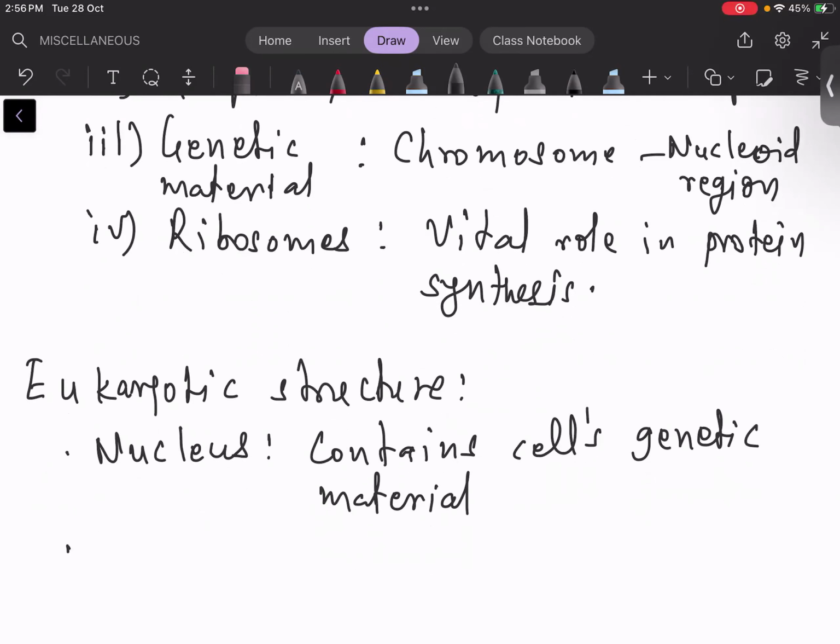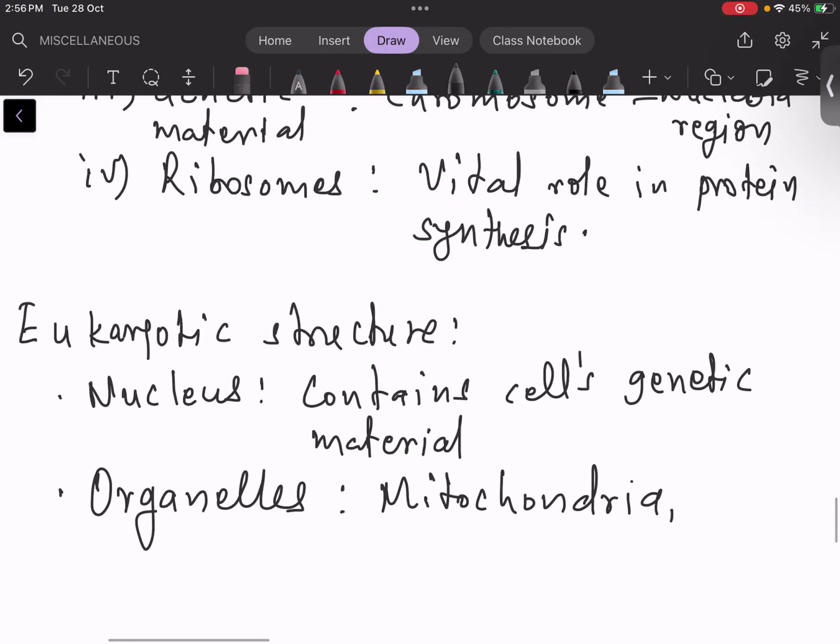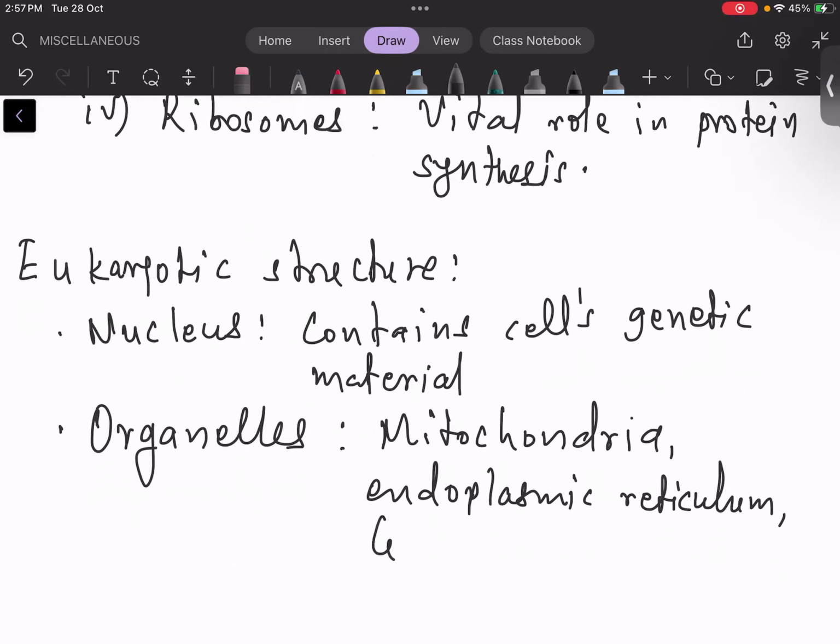Second, organelles. Organelles include mitochondria. Mitochondria are also called what? You studied this, the power cell, right? Endoplasmic reticulum. Golgi apparatus. Of course, there are many cell organelles, but these are the most important.